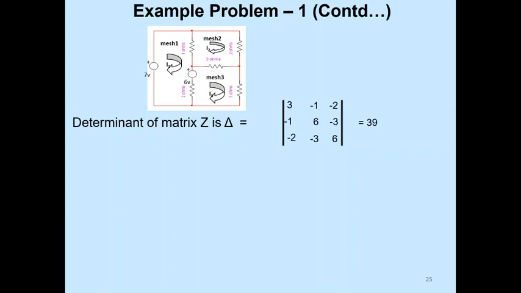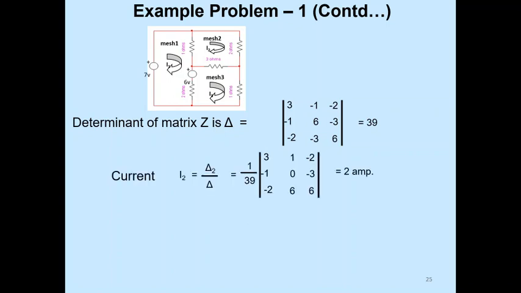So 3 into 36 minus 9, minus of minus 1 into minus 1 into 6 minus 6, so that becomes 0. So plus minus 2 into minus 1 into minus 3 minus of minus 2 into 6. By solving this, we are getting the total determinant value is equal to 39.